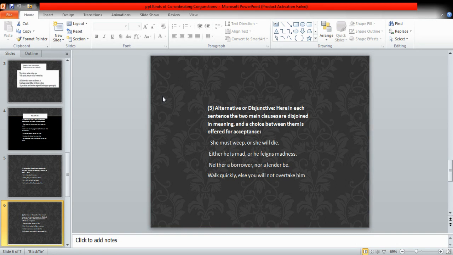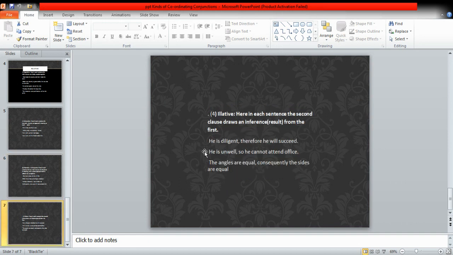Either he is mad or he feigns madness. Neither a borrower nor a lender. Walk quickly, else you will not overtake him. So in all these sentences, or, neither nor, else, these are all the conjunctions and they are acting as alternative or disjunctive conjunctions.